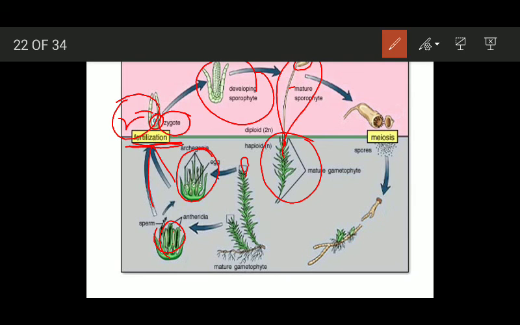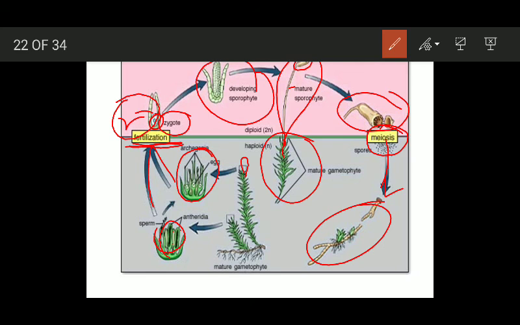Now inside the capsule, the sporogenous tissue undergoes meiosis, and after meiosis, spores are formed which are known as meiospores. They are haploid. These haploid meiospores germinate and give rise to gametophytes either directly or through the protonema stage. They give rise to gametophytes back.